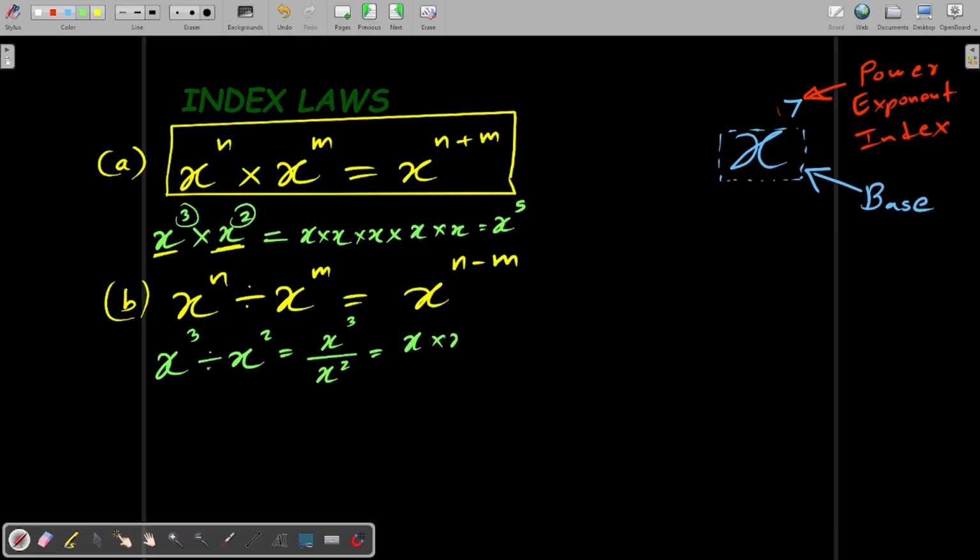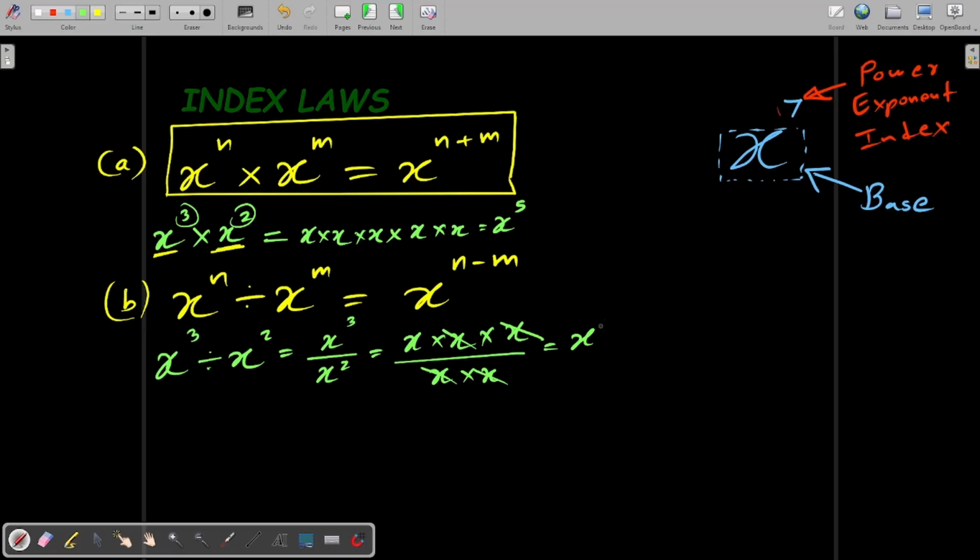Again, I'm going to expand the numerator and denominator here. There are going to be 3 x's, and in the denominator there will be 2 x's. So you know like terms cancel out. Here this x and this x, this x and this x. So we only remain with 1 x.